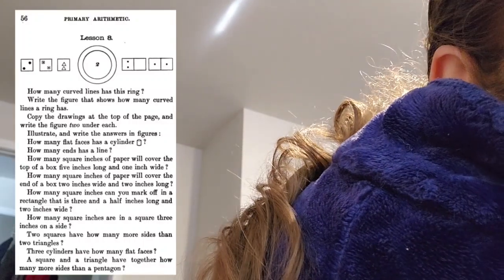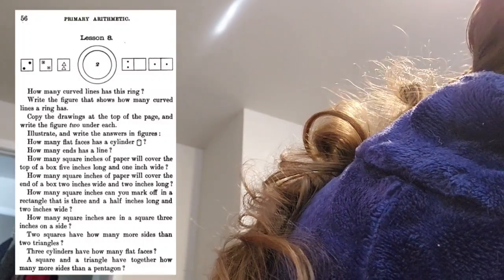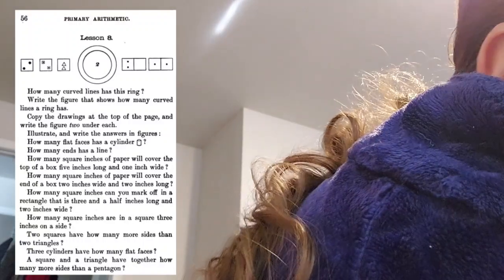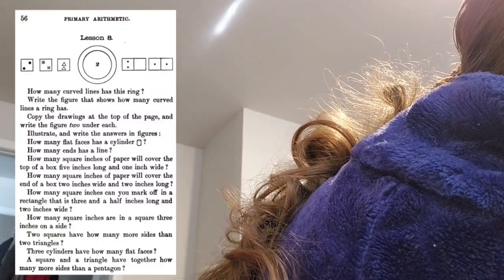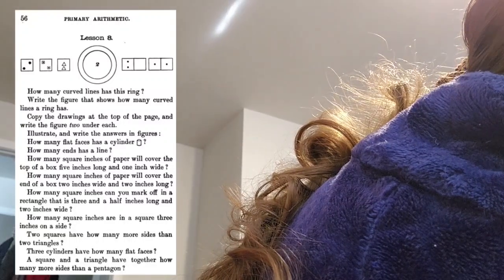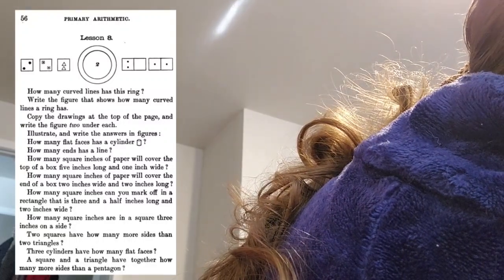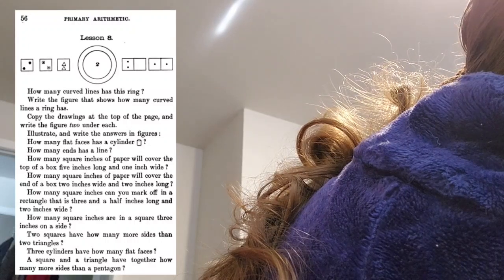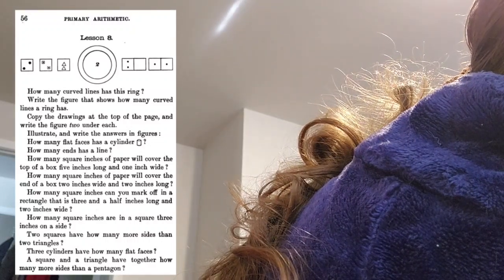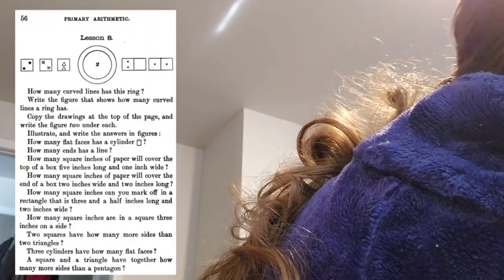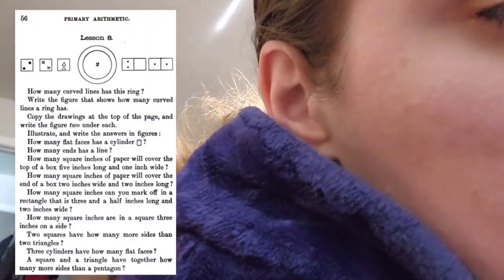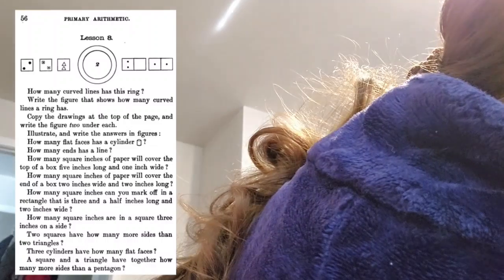So the square and the triangle are going to have 2 more sides than the pentagon. Or is it 3? I think it's 7 sides. Yeah, it's only 2 more sides. I was thinking on the number 8, and I don't know why.